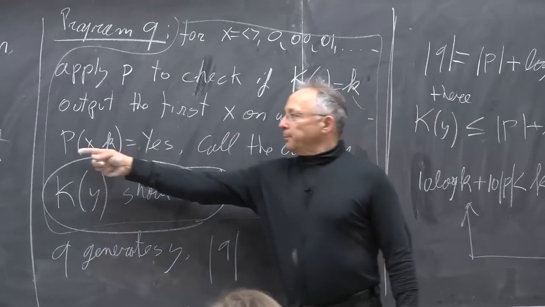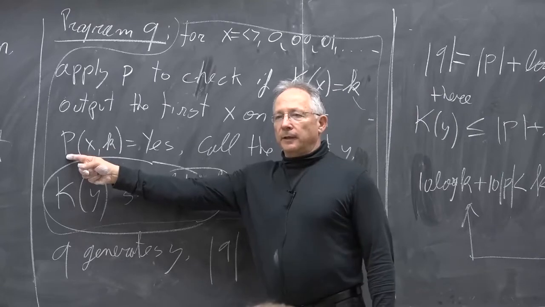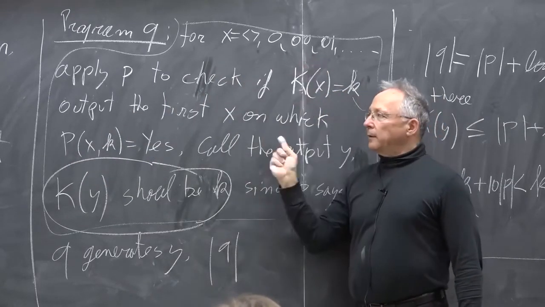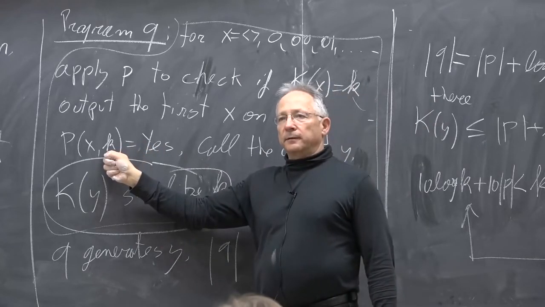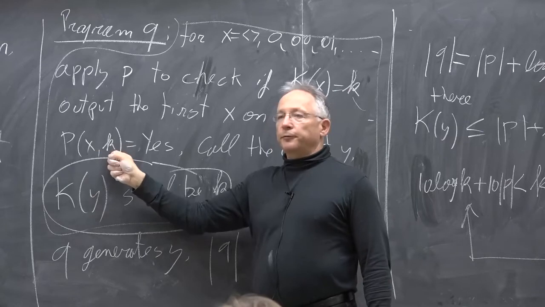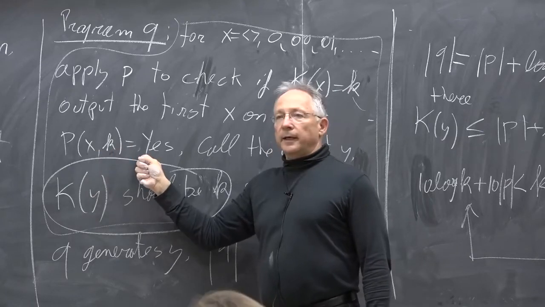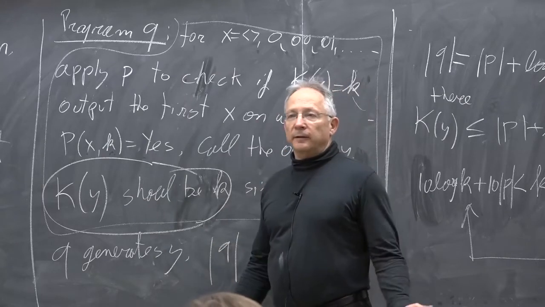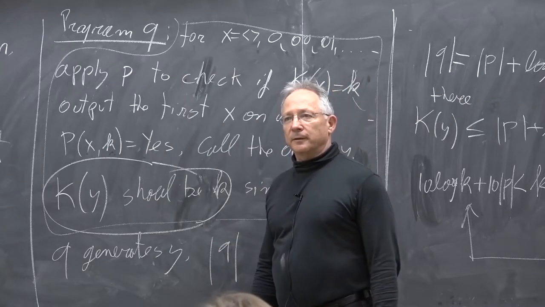If you have a program P in your language, then you can implement: for strings in increasing binary order, k is a fixed number, k is part of your input, check if P of k, x equals yes. If not, move to the next string. You can write it in any programming language.